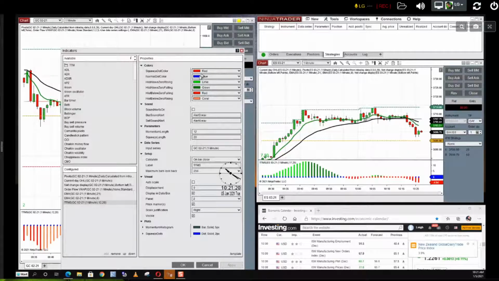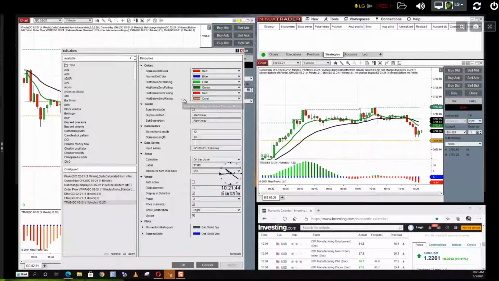This is how your colors should be set up. Rising above zero, falling above zero, lime and green. Below zero falling is red.